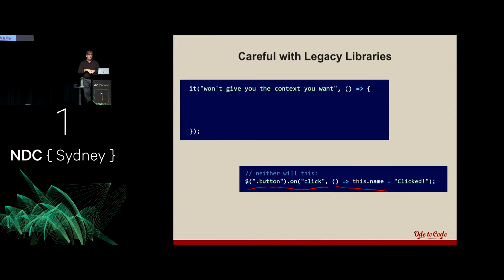Unfortunately, jQuery won't be able to do that any longer if you define the callback as an arrow function, because again, you can't use function.bind or call or apply to manipulate the this reference anymore. So the this reference will not be the one that jQuery tried to set up for you. It will be whatever it captured inside of whatever scope we're in. So instead of setting name on the DOM element, chances are you're setting the name of the window or the name of the module or something like that.